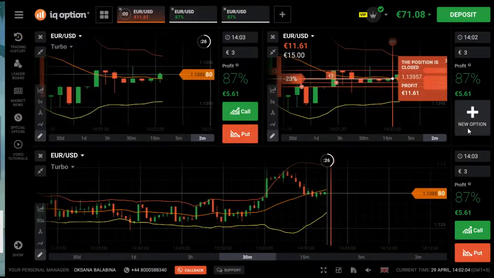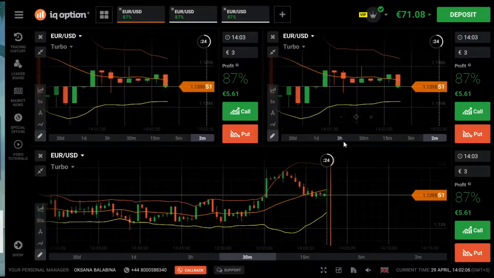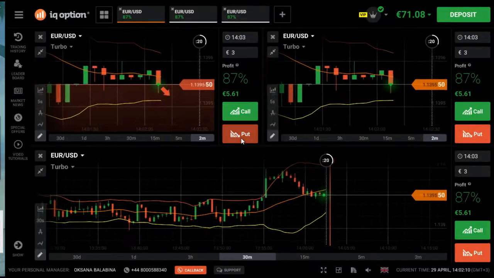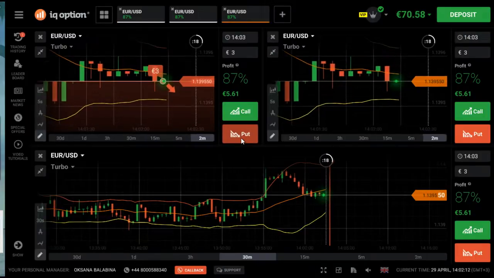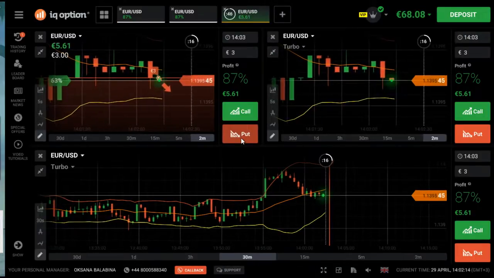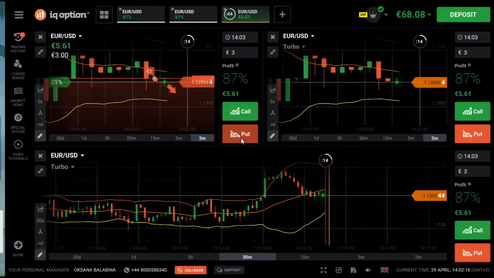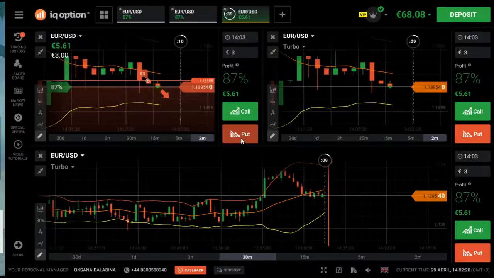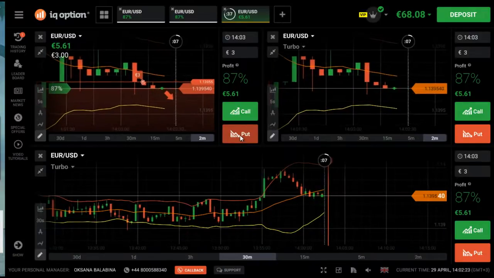So it's a very minor recovery. I didn't win, but some positions won. So now it's a fresh start. It's a very undecided chart right now. It may not be worthwhile trading on this.